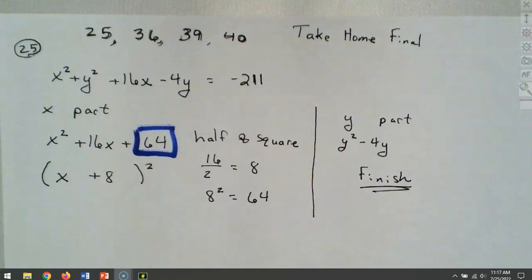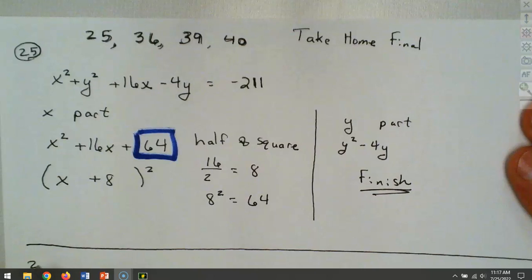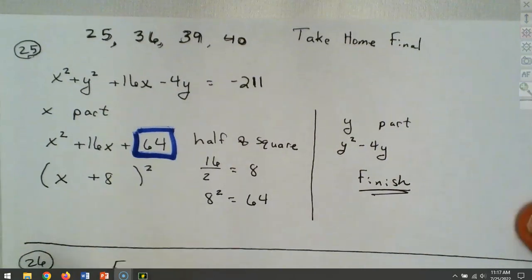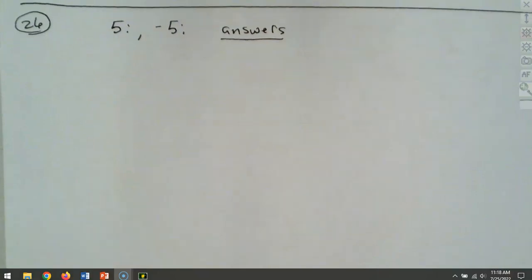Question 26. We just did one very, very similar to this right before break.